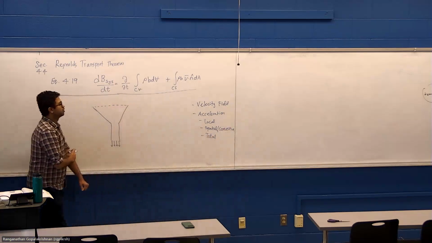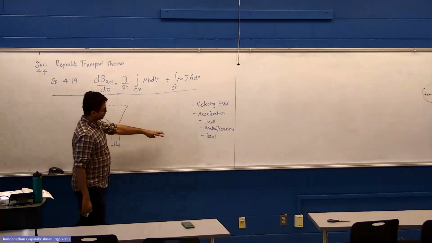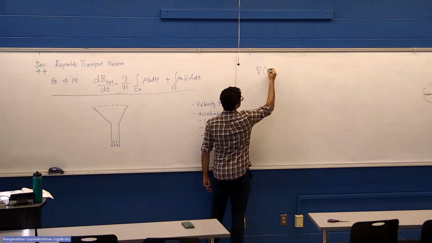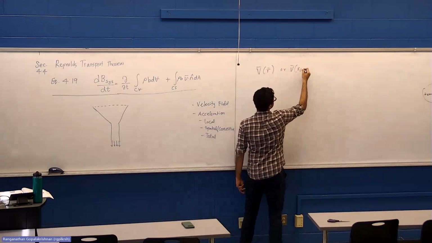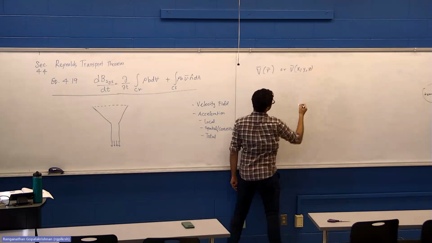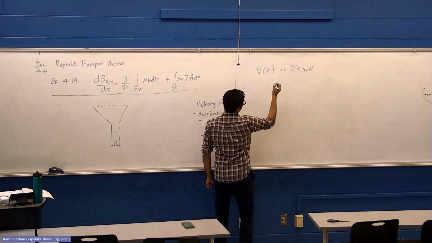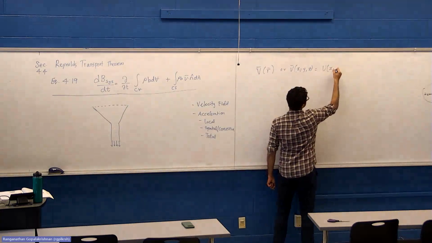Okay. So just to put a quick recap, I'm not going to go over all of this again. Velocity is a function of position, or velocity is a function of xyz coordinates, which may be used to define the position in Cartesian coordinates. And each component of velocity may be a function of position.